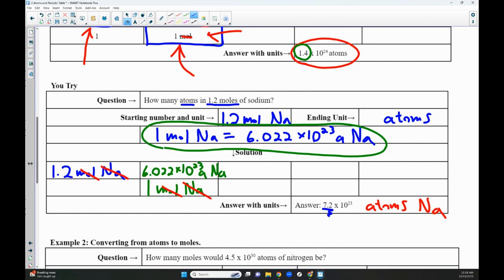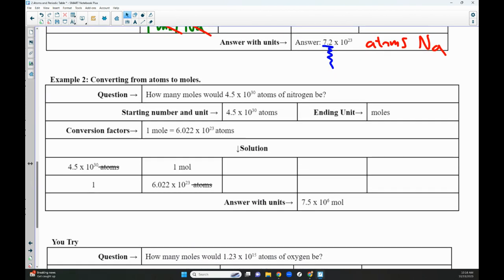Notice my answer has 2 significant figures, and that is because my starting number, 1.2, had 2 significant figures. Okay, moving on to our second example. In this case, we're going in the other direction. We're going to be converting from atoms to moles, but let's read the question.